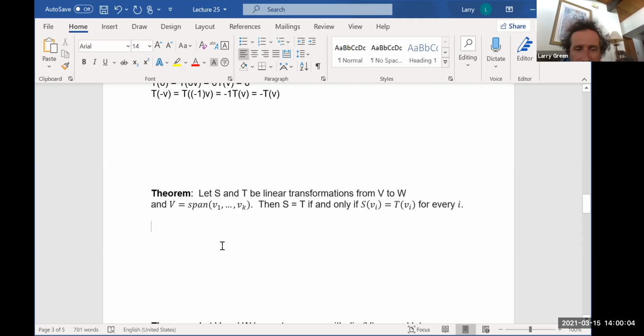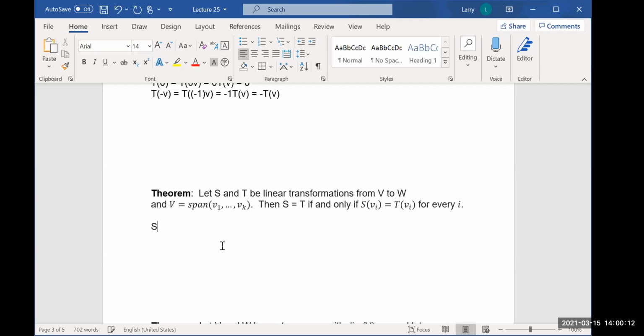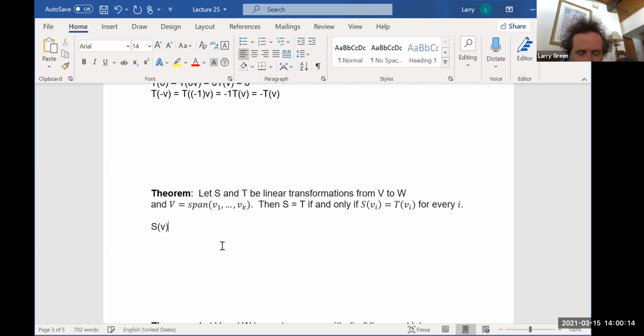So what can we do? Well, what does it mean for S to be equal to T? What do we have to show? It means S of V equals T of V for every V in V. Okay, that's our goal. Let me write goal.